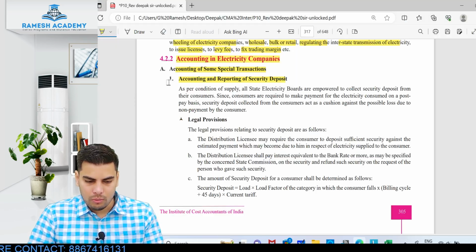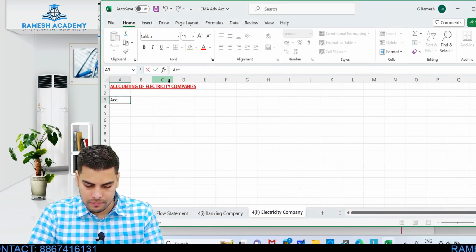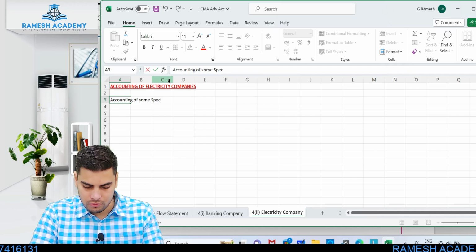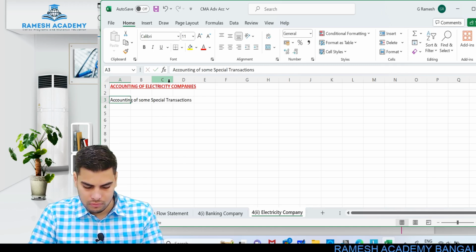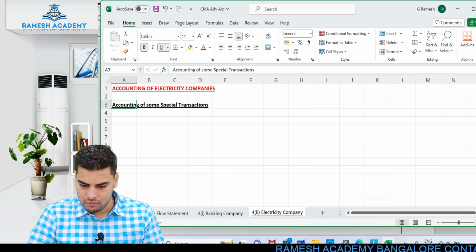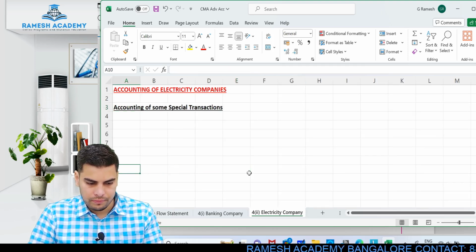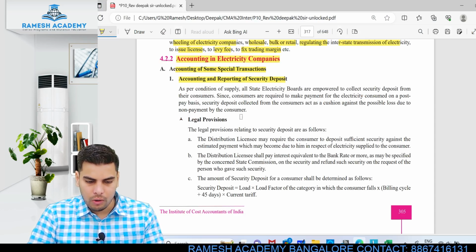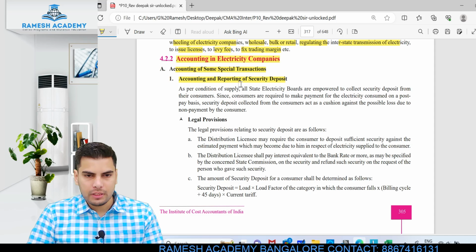Okay, so let's talk about accounting of some special transactions. The first special transaction over here would be what? Accounting and reporting of the security deposit.